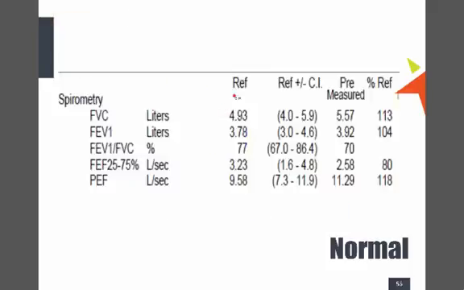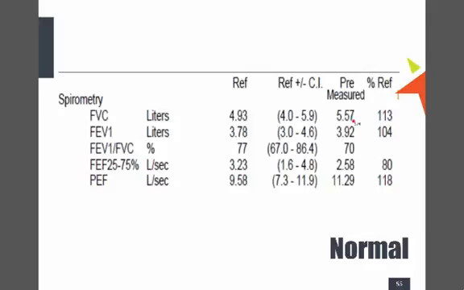If we're looking at the printout that came out with that, you know how I was telling you about predicted value? This is the FVC, so this is their volume, their vital capacity. This is the person's measurement too, and this is pre. If you were going to do spirometry, you'd have a pre and a post. This person has breathed out 5.5 litres.